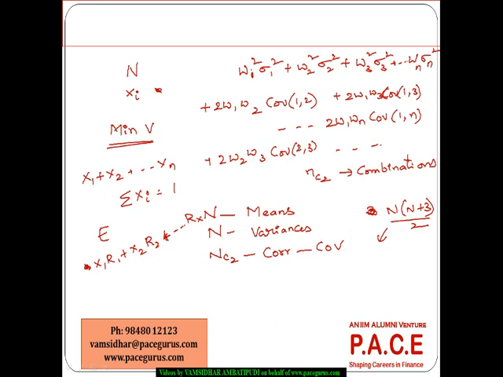So this is the typical structure we have to plan out when solving multiple securities as part of the portfolio. And these kinds of solutions are typically handled through Lagrangian multipliers.